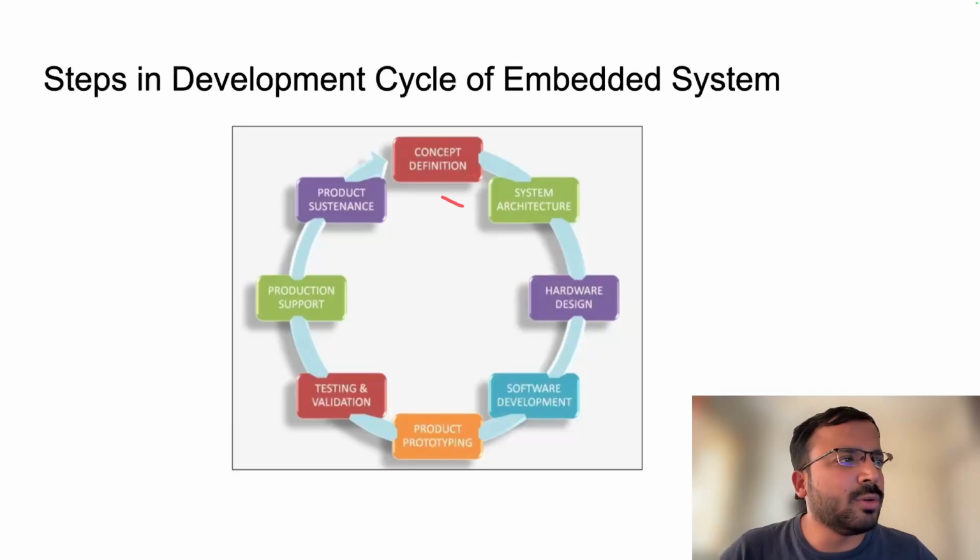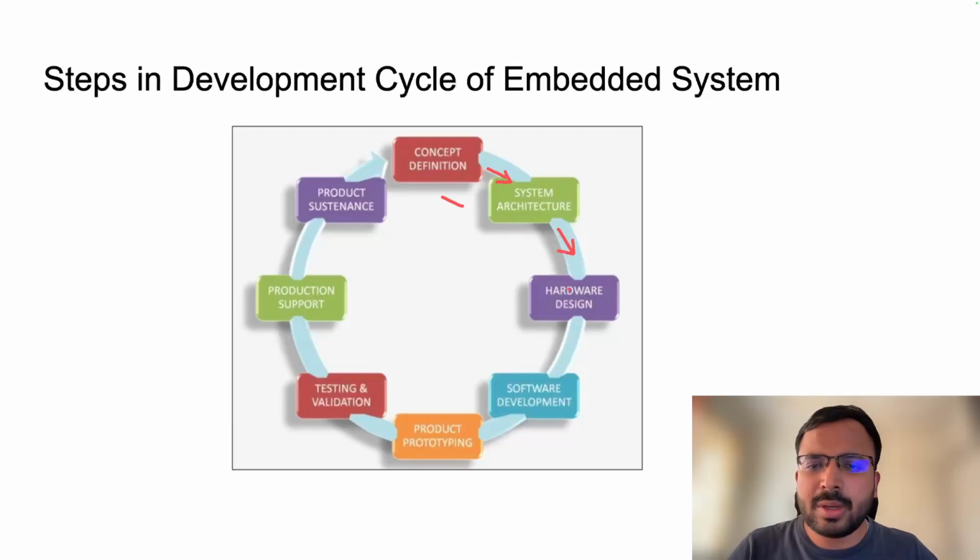Based on that, we design a top level architecture: what are the components or blocks this embedded system will consume. We try to design that system level diagram, block wise. So that is your system architecture. Post that, for whatever blocks or subcomponents we are going to use, we'll have the hardware design.